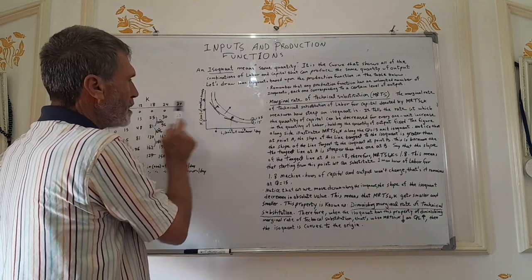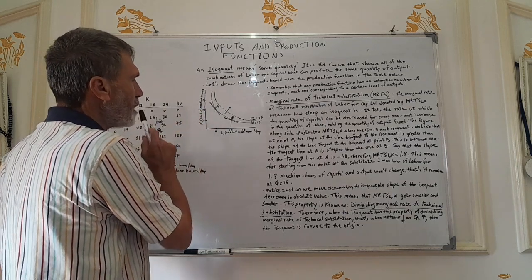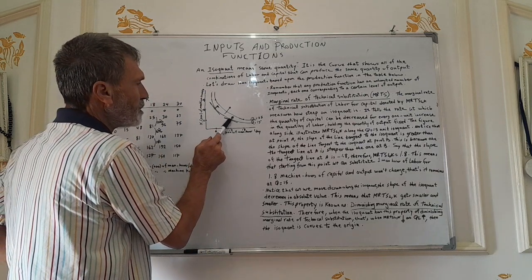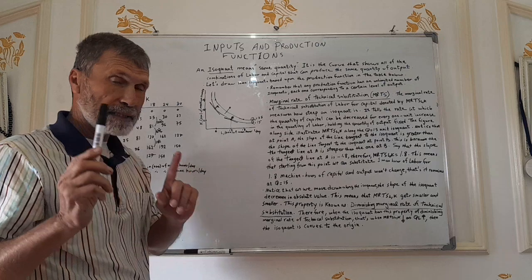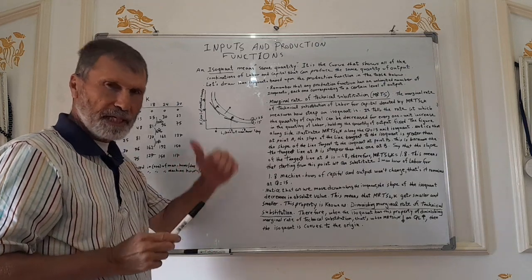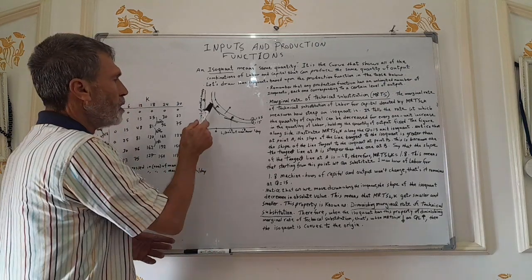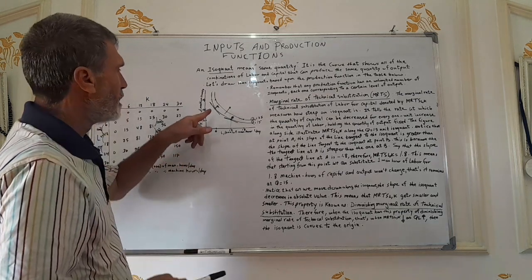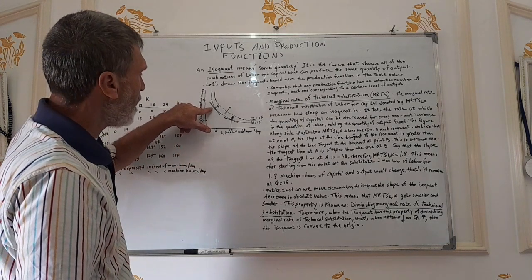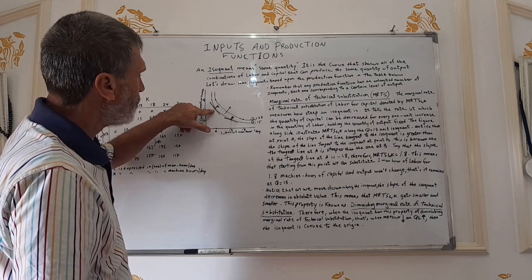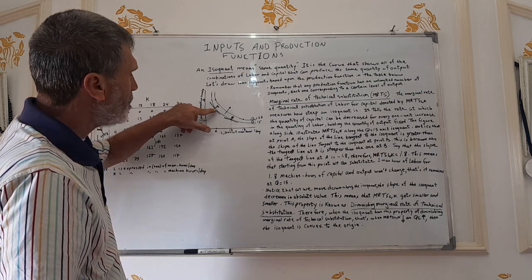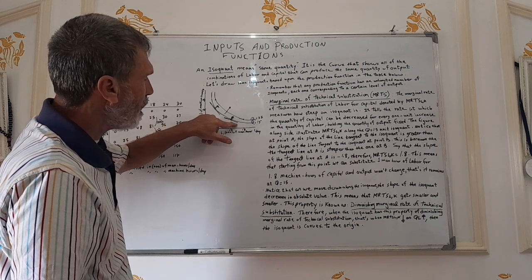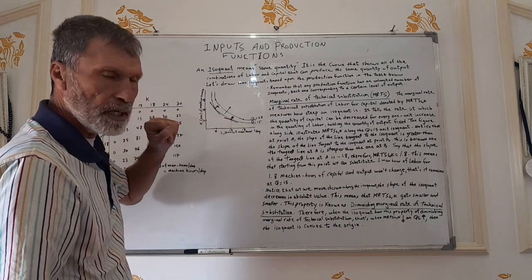The slope of this tangent line at point A is greater in absolute value than the slope of the tangent line at point B, because it is negative, okay? Why is it greater? Because it is steeper than this. So the slope of the tangent line drawn at A is greater in absolute value than the slope of the tangent line drawn at point B.